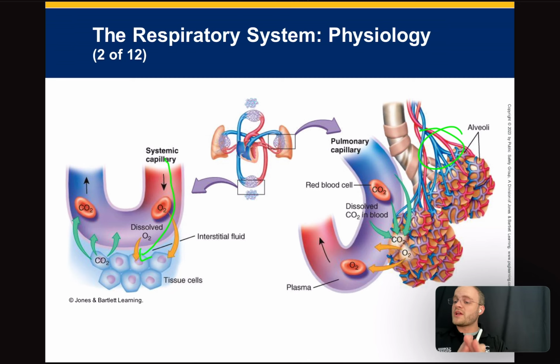So I'm going to recapitulate that because you've got to know this. Your oxygenated blood, bound to red blood cells, is oxygen, O2. It goes down to the tissues, and the tissues say, oh, wow, I don't have a lot of oxygen. I'll take that. Diffusion takes place, simple diffusion.